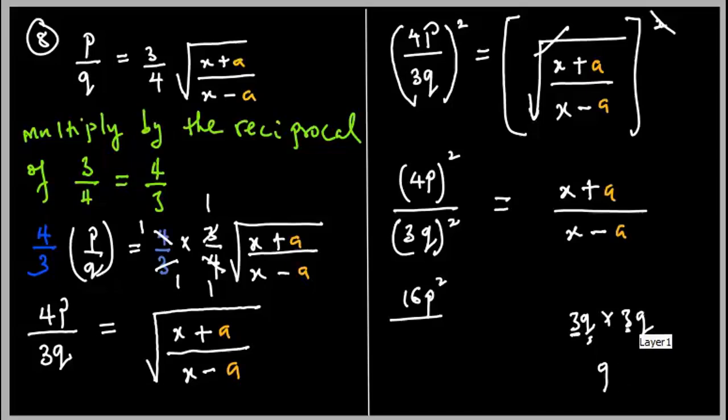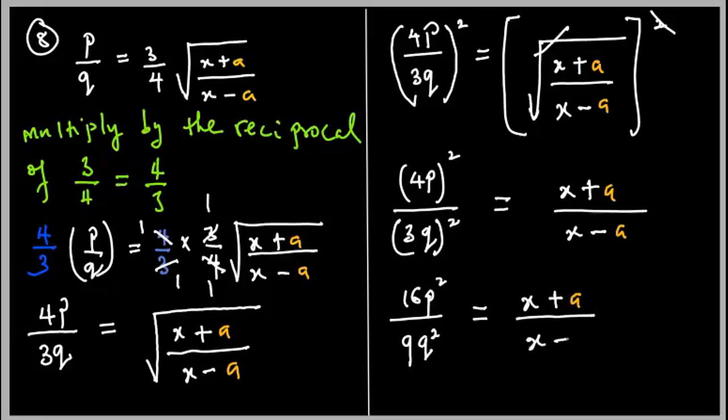So 3q all squared is 9q squared, equal to x plus a all over x minus a.